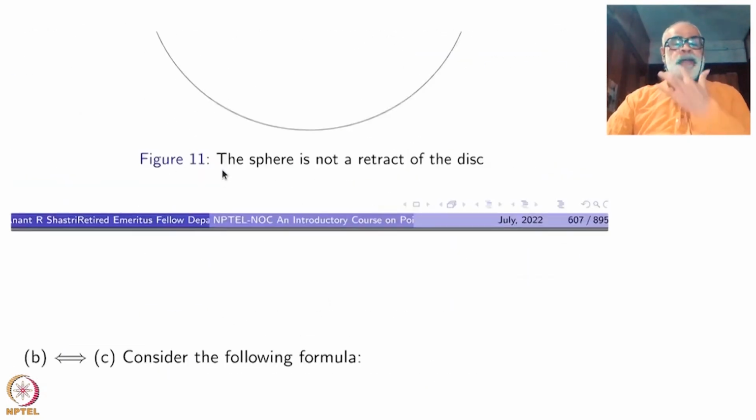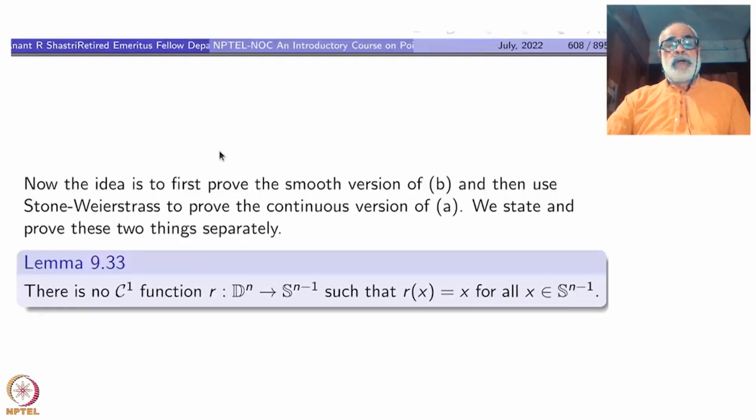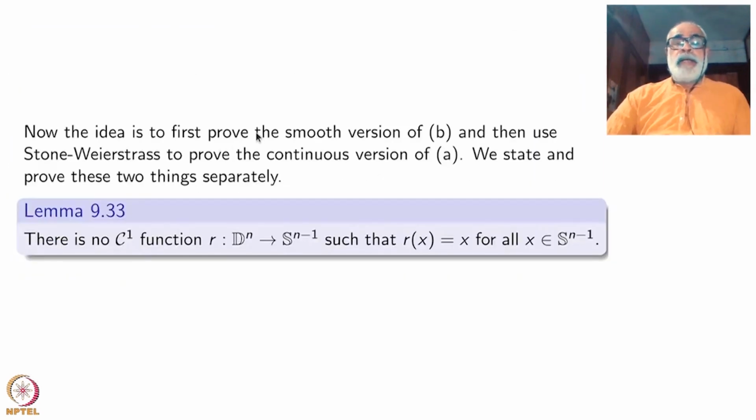So having prepared the ground for the general theorem, now the idea is to prove the smooth version of B and then use Stone-Weierstrass to prove the continuous version of A. Both versions of the theorem we will prove like that. We state and prove these two things separately, no confusion.